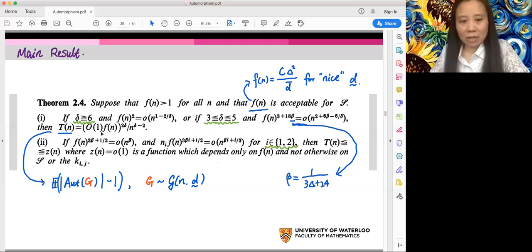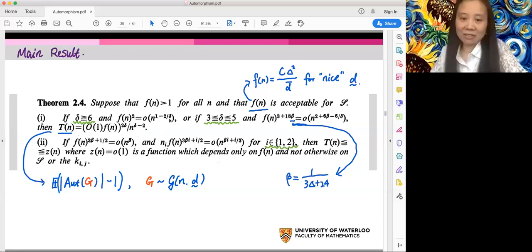Okay, so the first statement says something about the minimum degree being at least 3. Here it's at least 6, here it's between 3 and 5. And then under some constraints involving f and n, if you replace f by this thing, it tells you some kind of constraint on the degree sequence regarding the maximum degree, average degree and n.